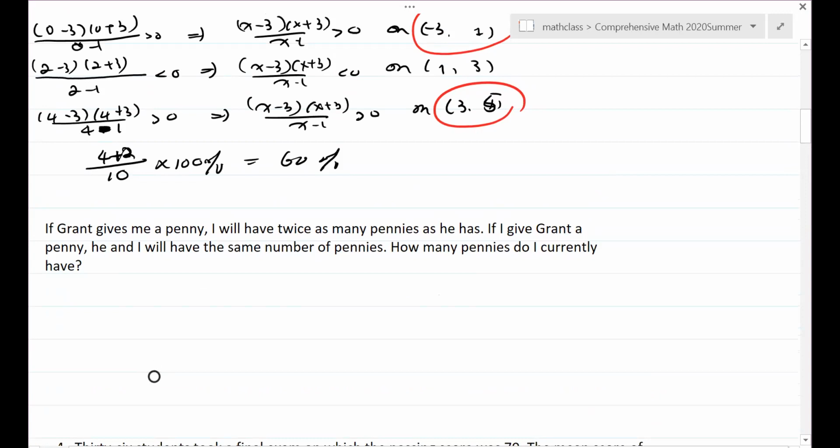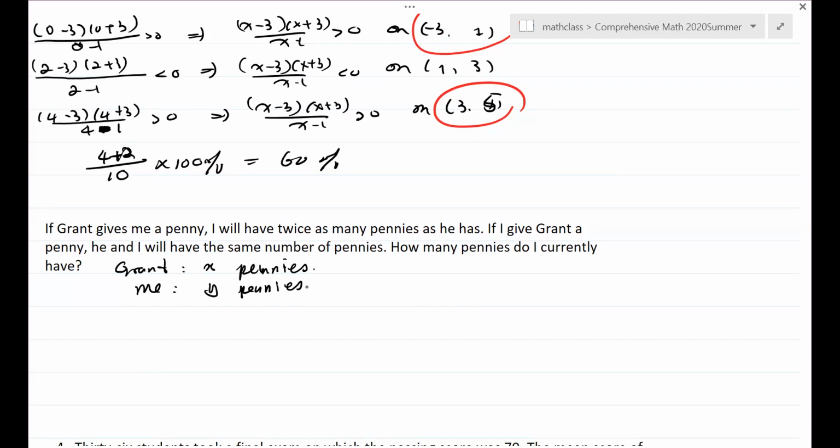So we can say X is the number of pennies Grant has. He has X pennies. You have to write down the names of variables. And me, Y pennies. Then you write the equations based on the given information.